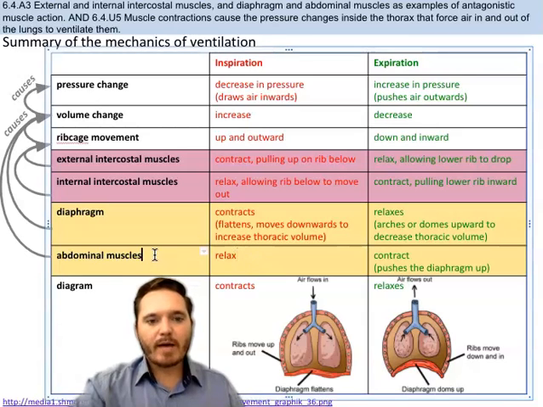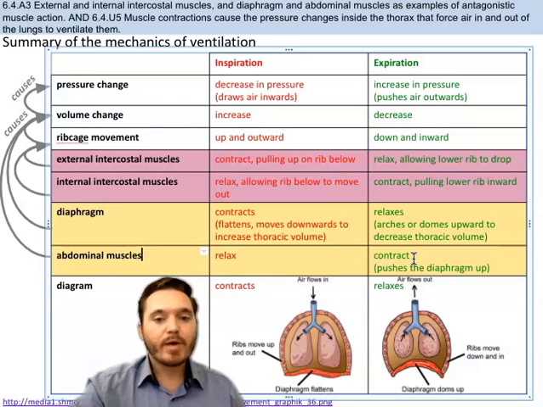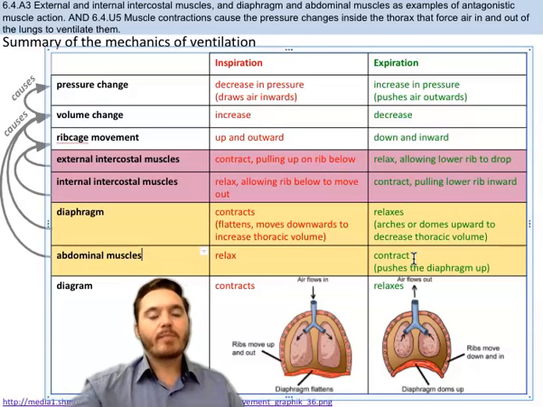Okay, and then your abdominal muscles would be relaxing when you're inspiring. Your abdominal muscles are going to be contracting when you're expiring because they help to push back in on your lungs and push the air out of your lungs and decrease the volume and increase the pressure.